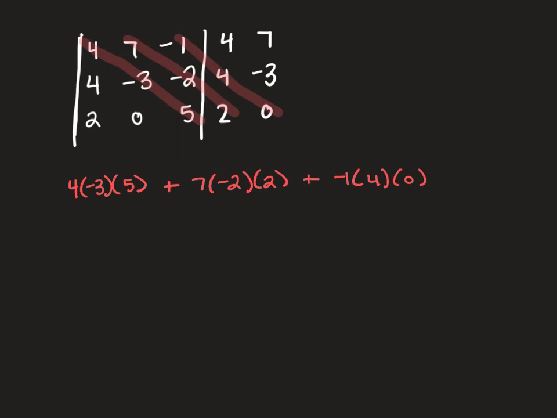Everybody see what I did there? All right, so then that's going to give me -60, -28, and 0. So that means that one is going to be -88.